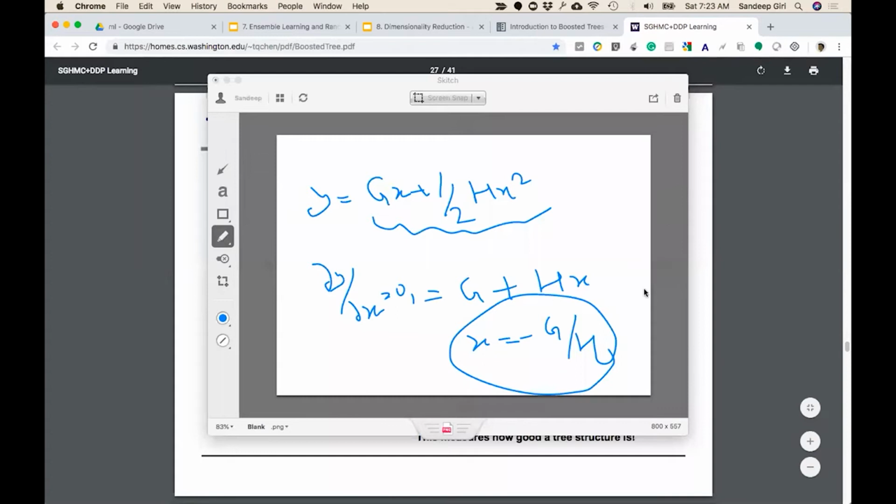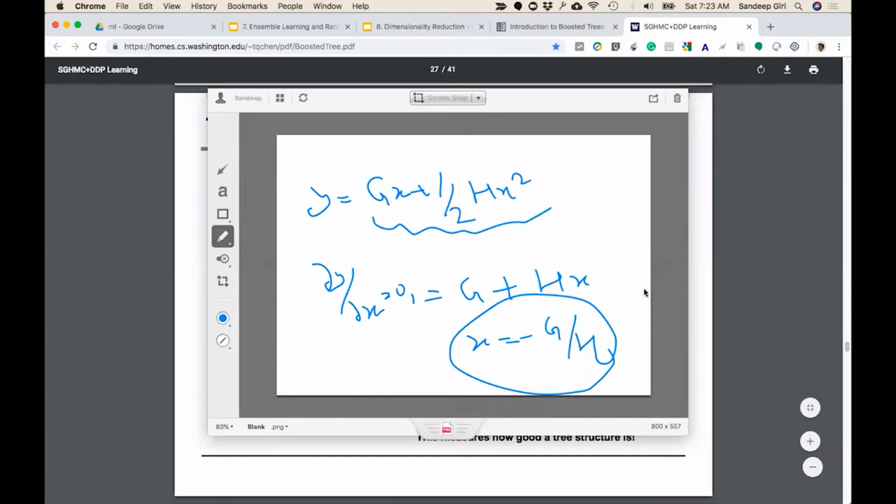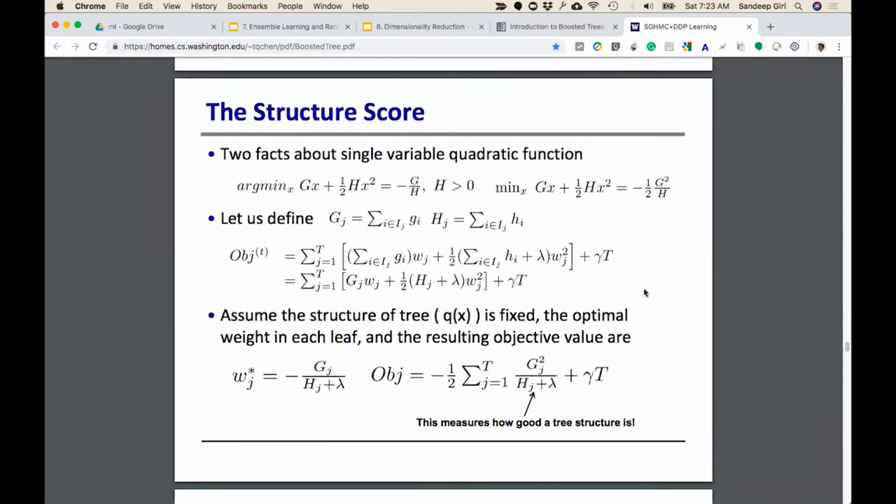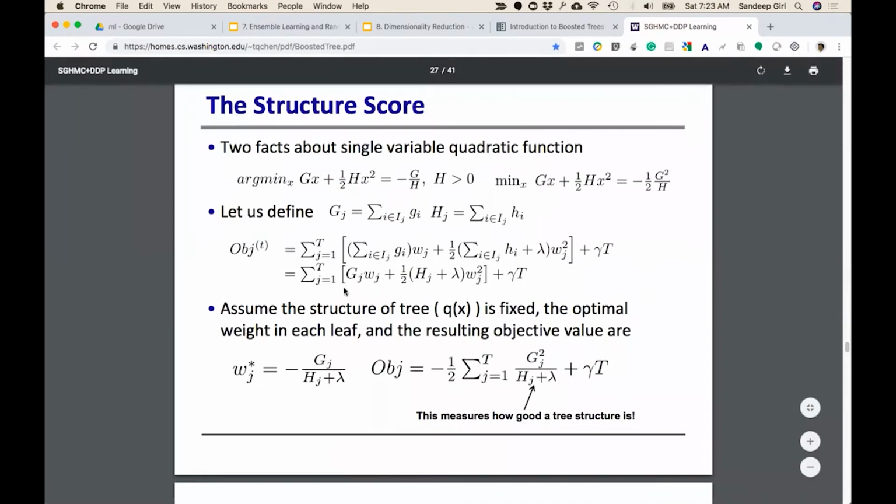All right, so this is where we are right now, and this g is actually representing the first derivative of our loss function, and so on.